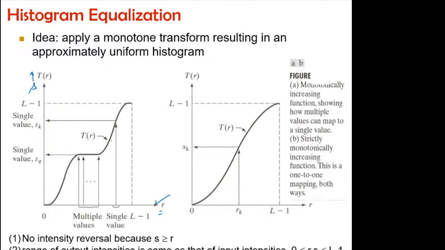This is the equation between S and R. So this is one situation. And another situation is this on the right. This is also a relationship between R and S.